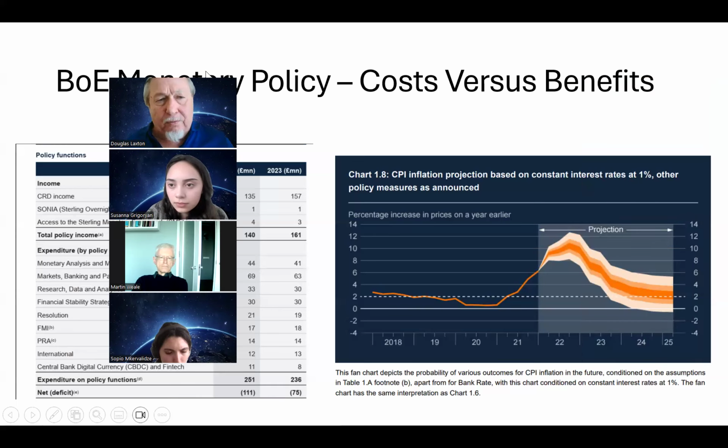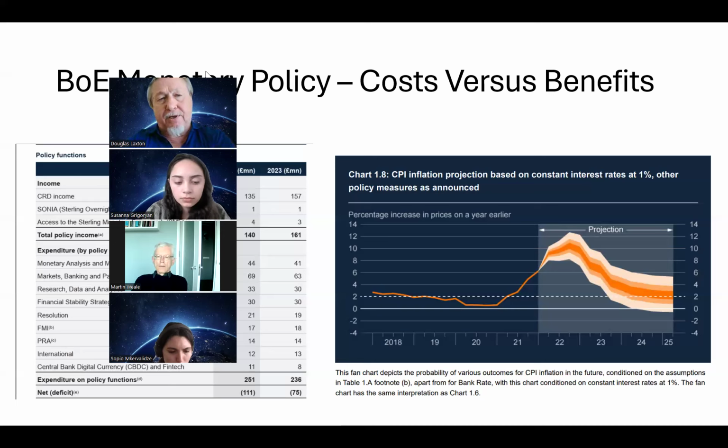So what we're looking at, and I'd like to get Martin's comments on this, is a scenario that the Bank of England produces in their monetary policy report. I don't know when they started producing it. I actually asked Susie to go back in history, but Martin probably knows what the answer is. It's a chart that is based on a constant interest rate.